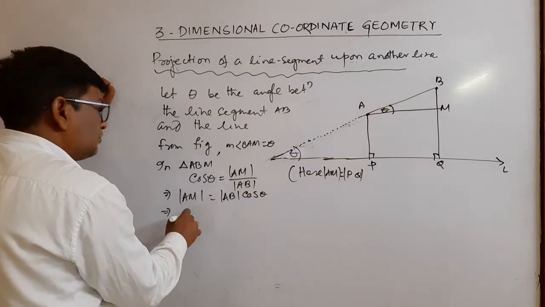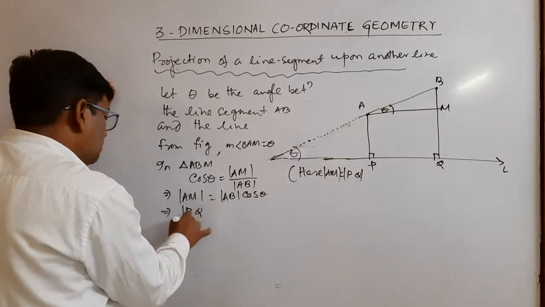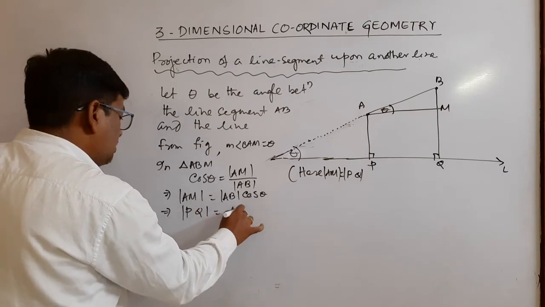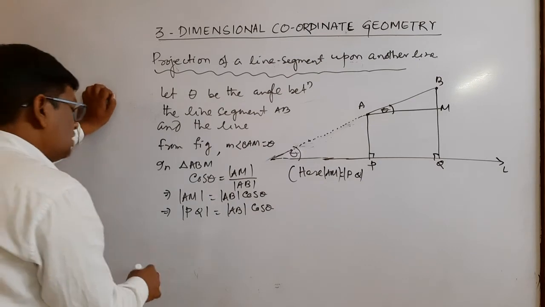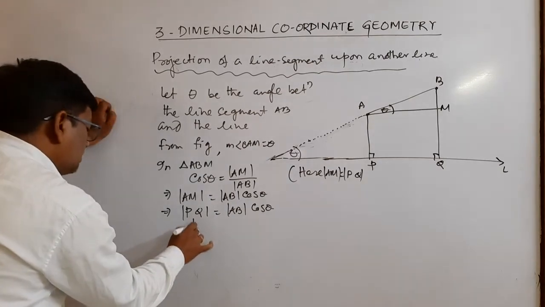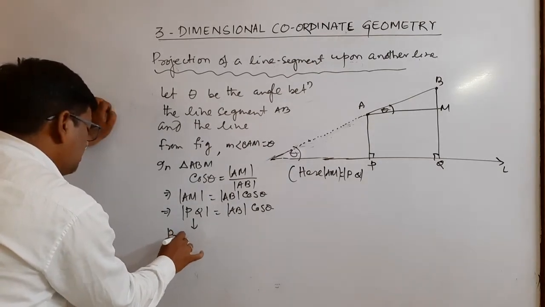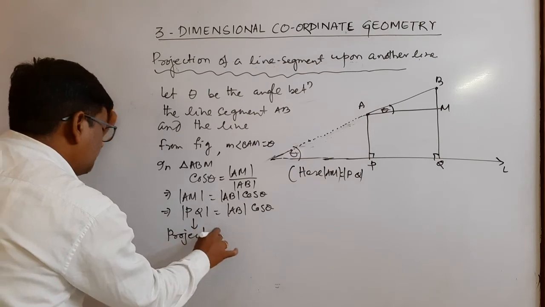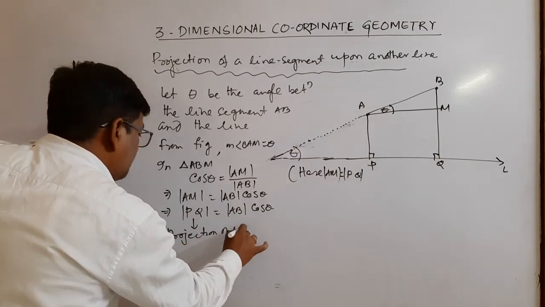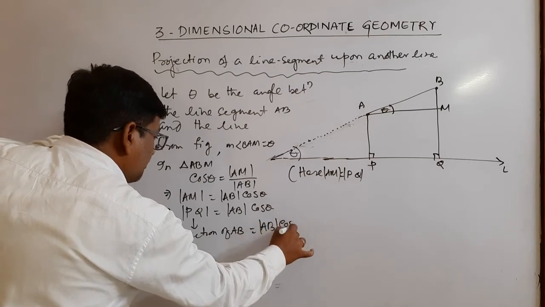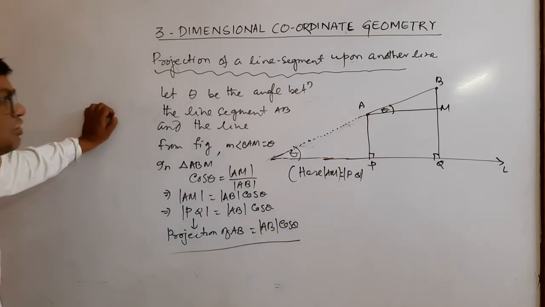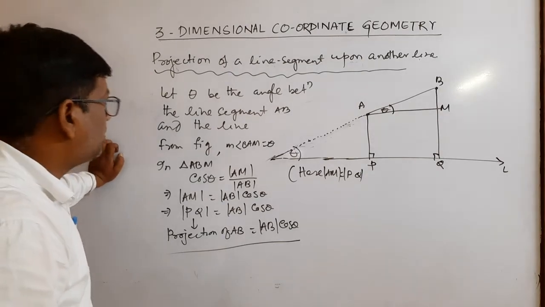AM means PQ, so PQ is equal to AB cos theta. PQ is the projection of AB. Projection of AB is equal to distance of AB into cos theta. This is the mathematical expression of the projection formula.